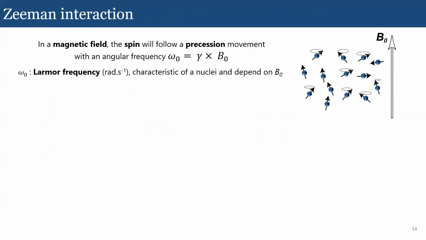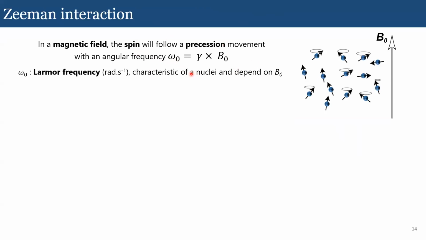And one thing that I haven't mentioned, but I'm going to correct myself here, is that this alignment of the spin with the external field is going to follow a precession movement, something like this. That precession is going to have an angular frequency, which is given here.